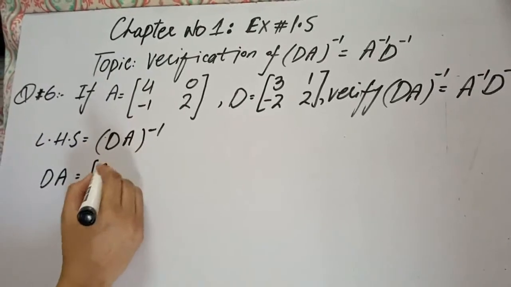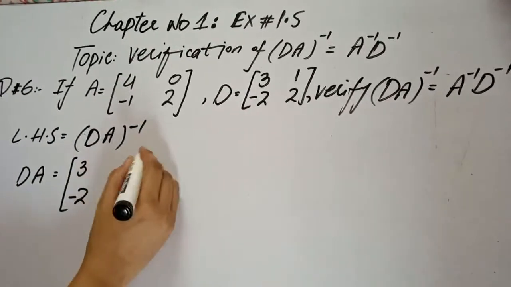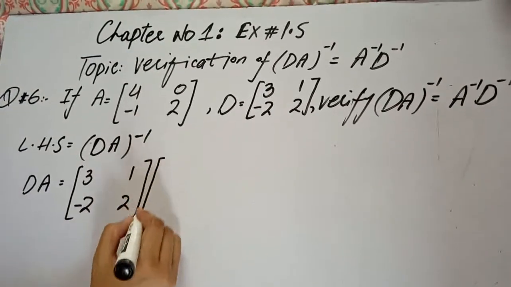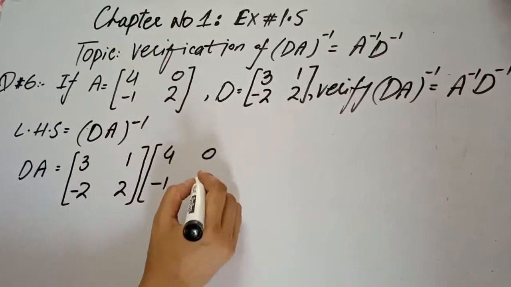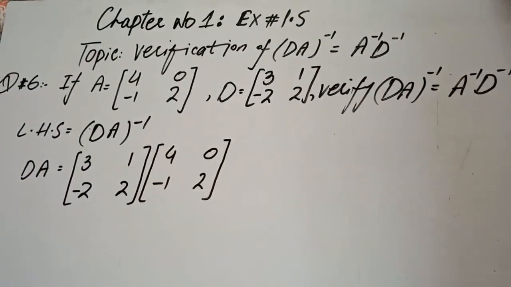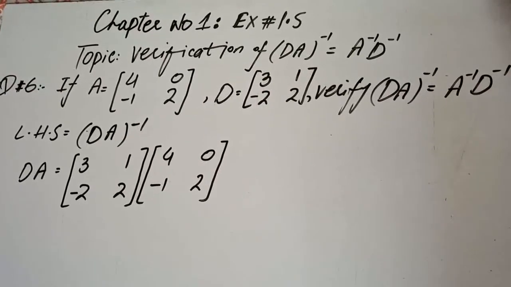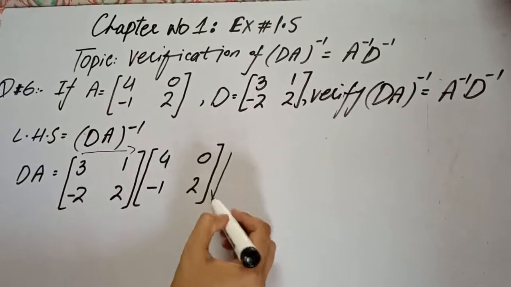Matrix D is 3, 1, minus 2 and 2. Matrix A is 4, 0, minus 1 and 2. We are going to multiply in the same way: the row will be multiplied by the columns of the second matrix.